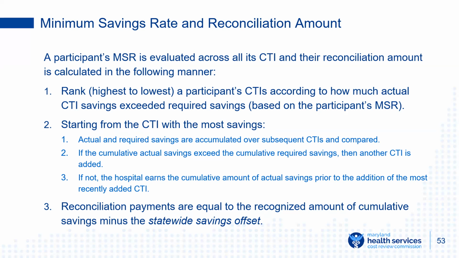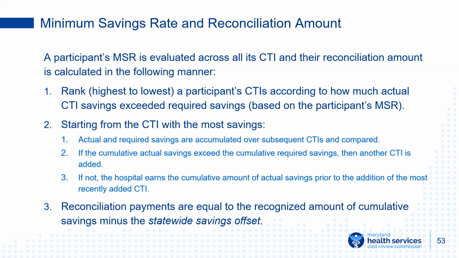So for example, if your MSR is 5% and you have $1 million in total target price, that means the minimum savings threshold would be $50,000. And then we rank all of your CTIs according to the required savings and how that compares to your actual savings.